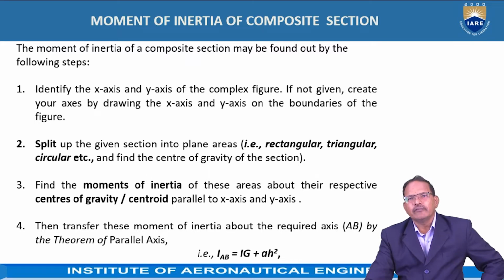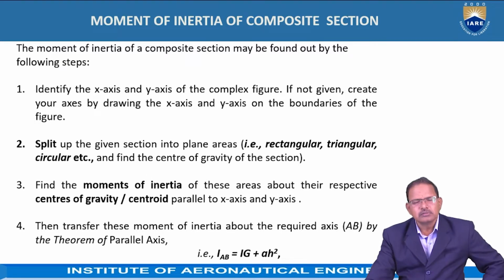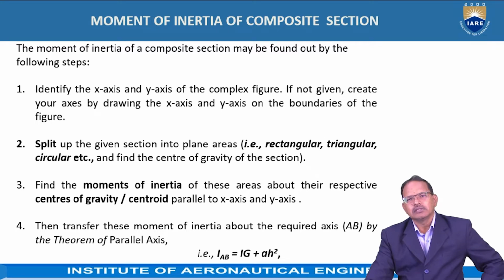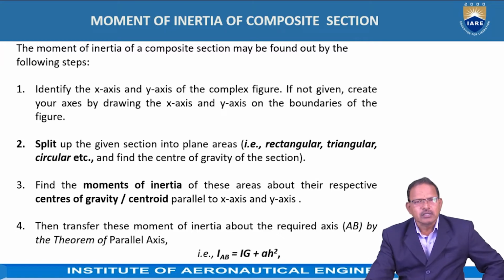After identifying the reference axes for the composite figure, split the given section into regular plane sections or plane areas such as rectangular, triangular, circular, semicircle and so on, and find the position of the center of gravity of each section.